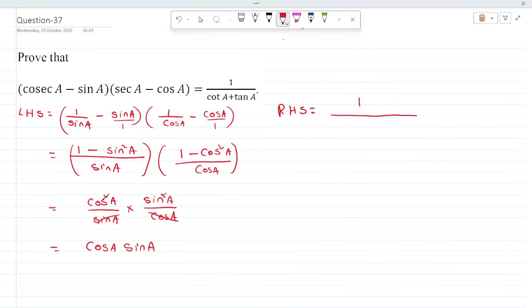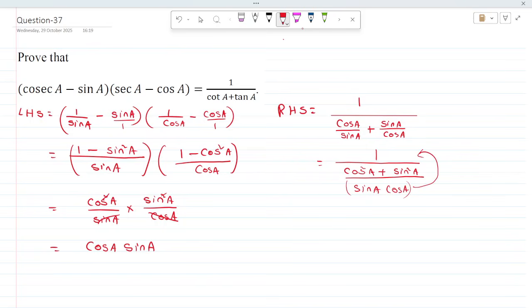It is equal to 1 by, what can cot A be written as? Cos A by sin A, plus tan A can be written as sin A by cos A. Take the LCM. Cos square A plus sin square A divided by sin A cos A. The denominator of the denominator will go to the numerator.